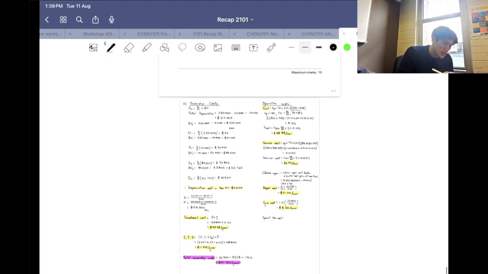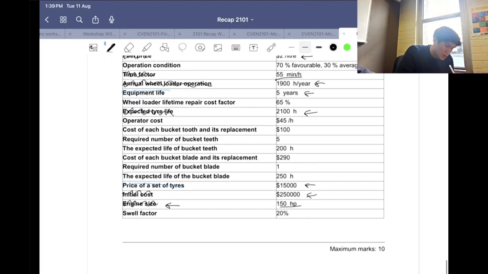So in this question, they just told you it's the bucket blades, so you're needing one of them, and the cost of each is $290, and the life of each tooth is 200 hours, and you need 5 teeth per bucket blade.